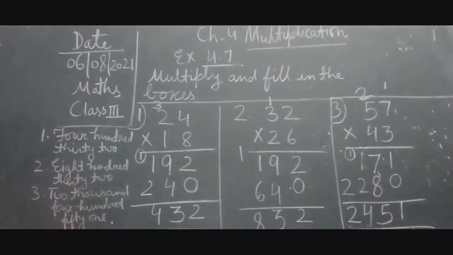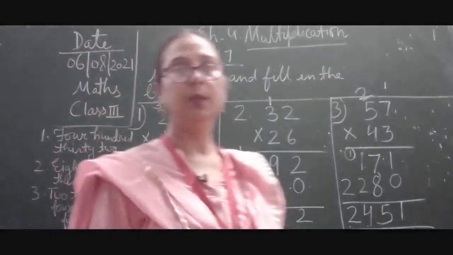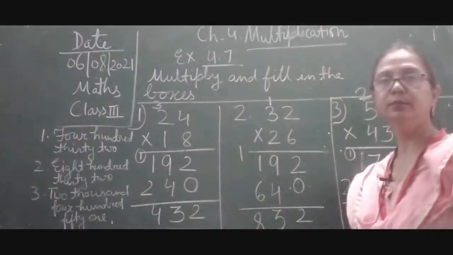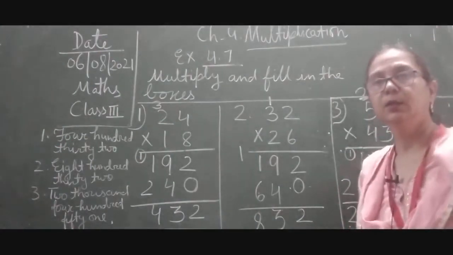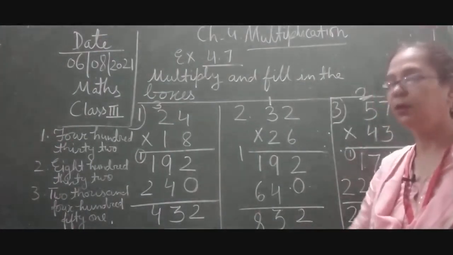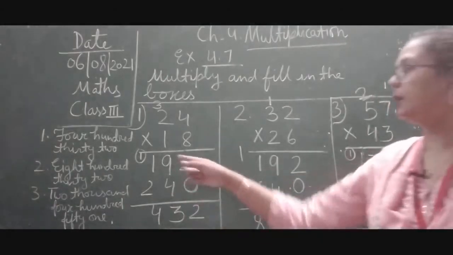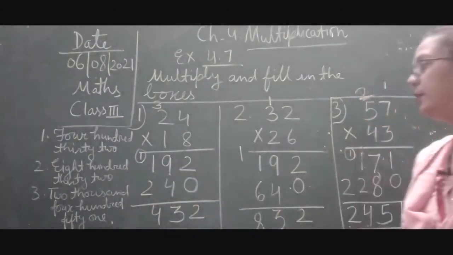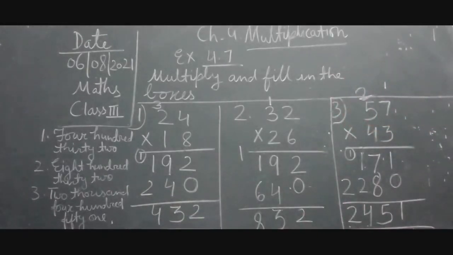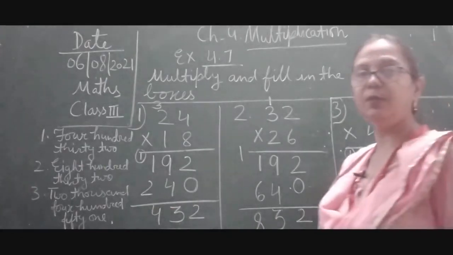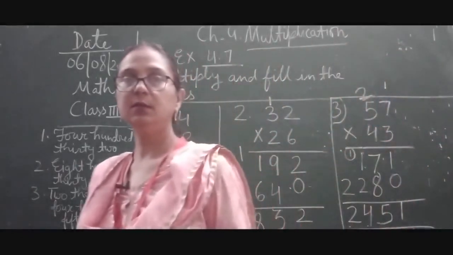Okay, so I think it is clear to you. Completed, children. Write in words also. First is 432, second is 832 and third one is 2451. Completed, children.